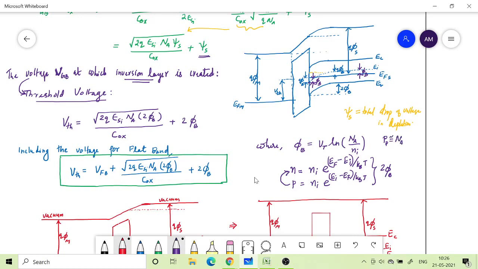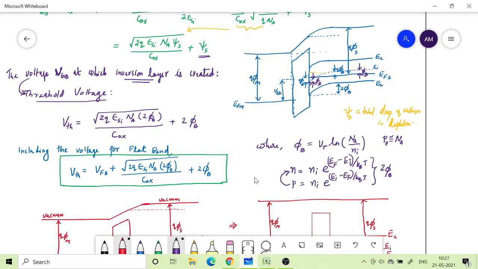If I substitute Na for P and invert it, I get Ei minus Ef, which is phi b, and that is how I get this expression. So phi b only depends on the doping concentration, which is available to me.